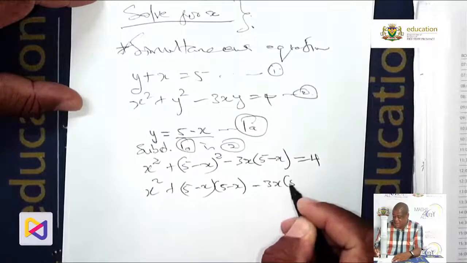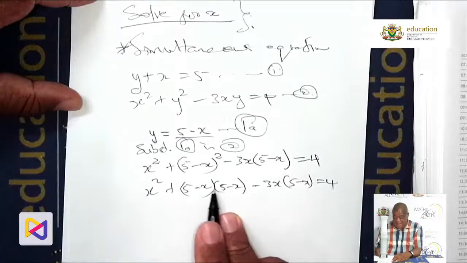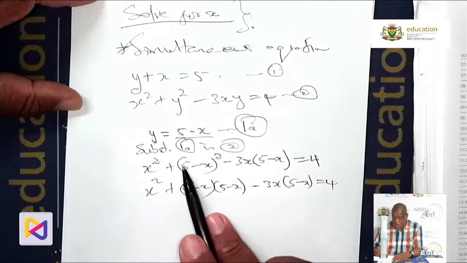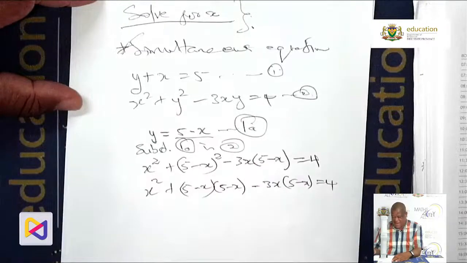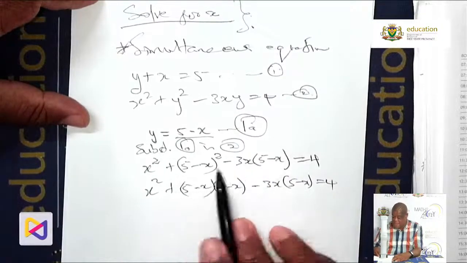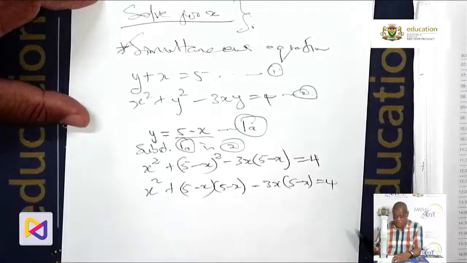Minus 3x into 5 minus x is equal to 4. Have your 2 brackets like that, because we make mistakes now. One learner will be trying to square the first and square the last, and that is definitely not giving the correct answer. But once we have the 2 brackets, then we are going to use your FOIL method in working it out, and then from there you will be working it out and getting the values.